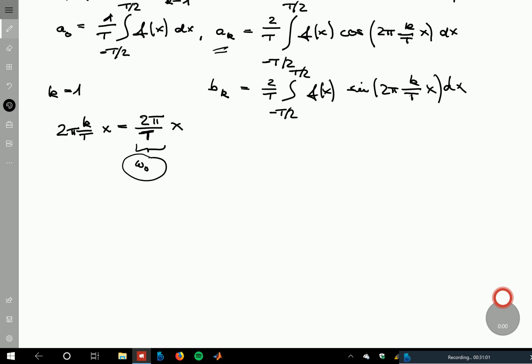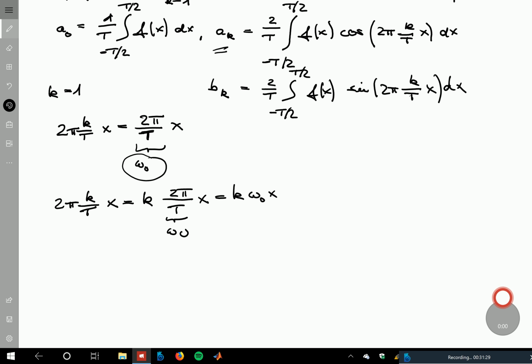So we can now replace the 2πk/T_x by, of course the same thing, k times 2π divided by T_x. As we define this as omega 0, we can write this as k omega 0 x.